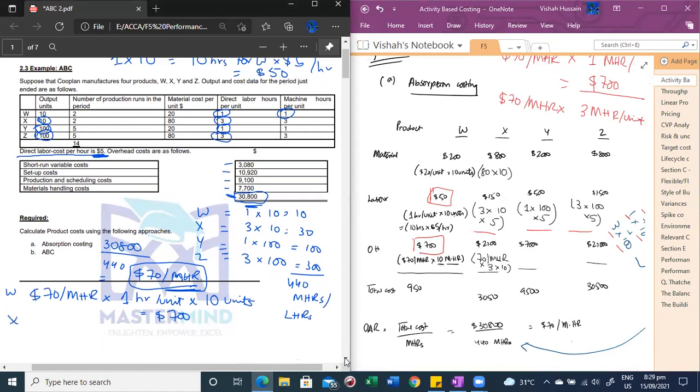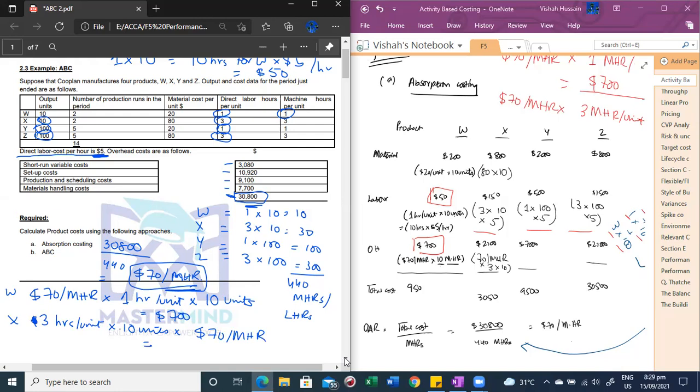Now for X, 3 was your machine hours per unit, multiplied by 10 output units, multiplied by 70, that was your overhead absorption rate.